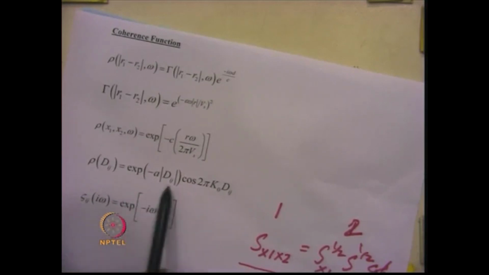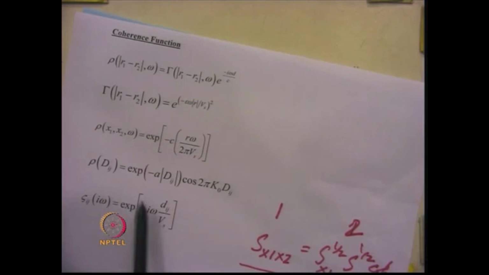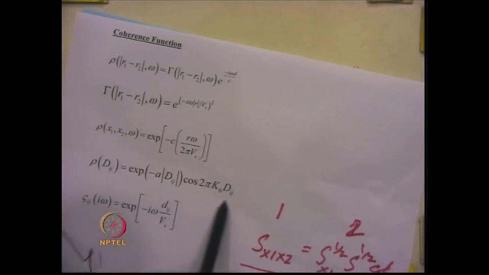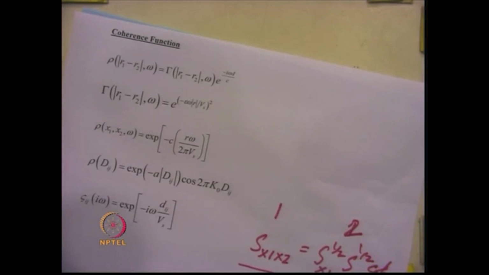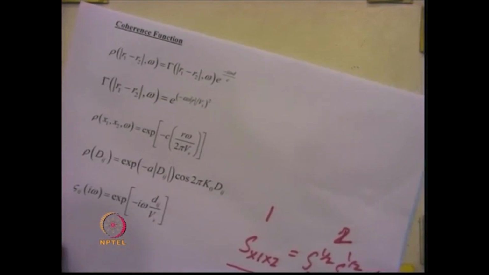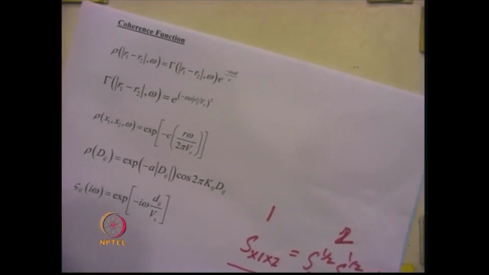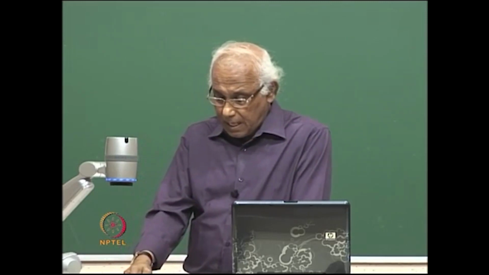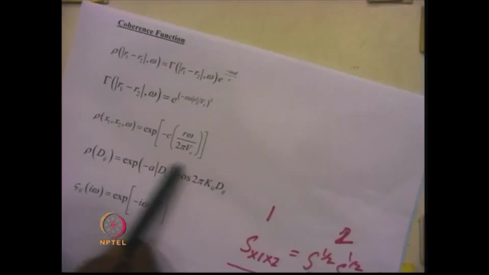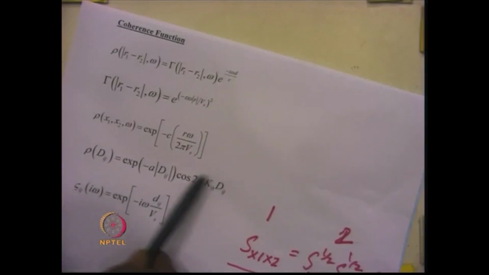This form of the coherence function was obtained from the recorded data in Taiwan, and an exercise was done there with the available data to find out different forms of the coherence function, and one set of data happened to coincide with this kind of empirical equation.